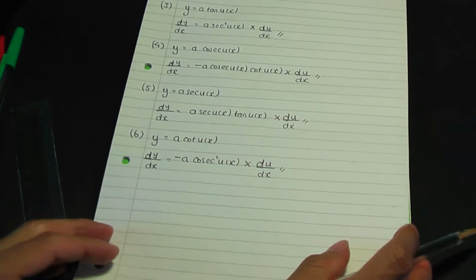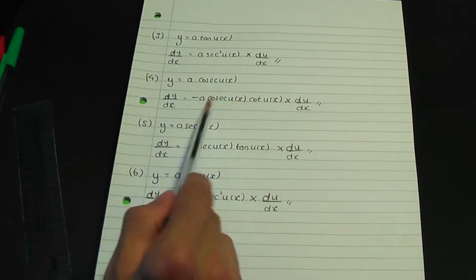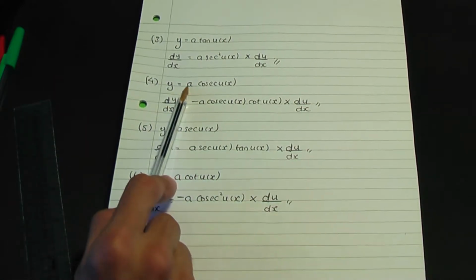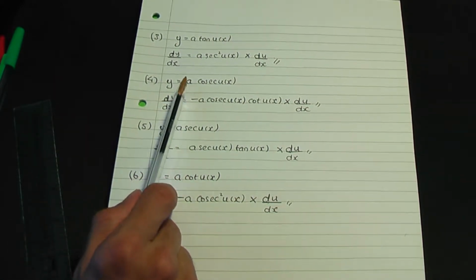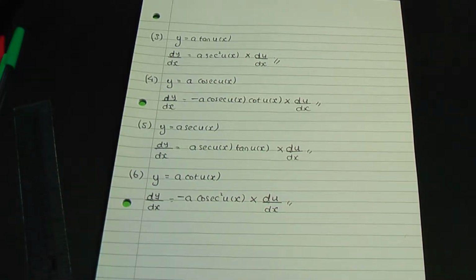So here are the remaining results, and let me stress that these results only apply if a is a constant, and ux is a function of x.